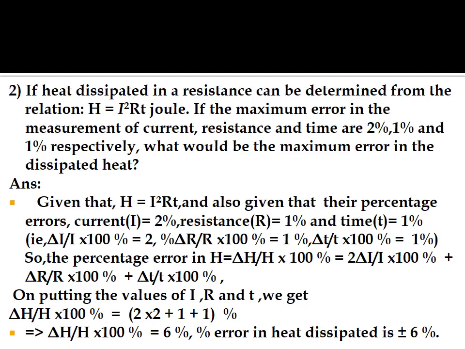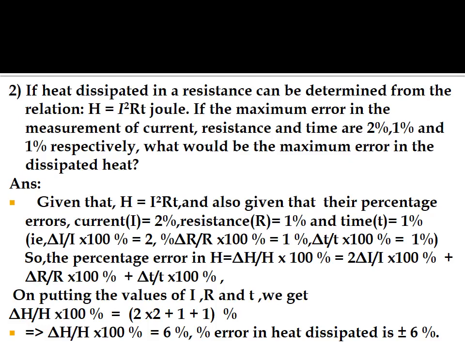That is, delta I by I into 100% is equal to 2%. Delta R by R into 100% is equal to 1%. And delta T by T into 100% is equal to 1%.